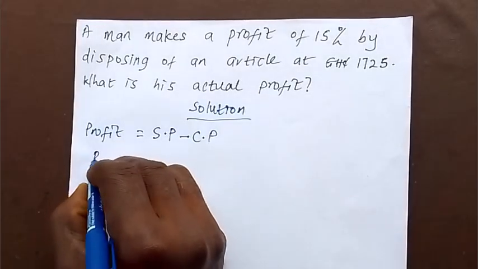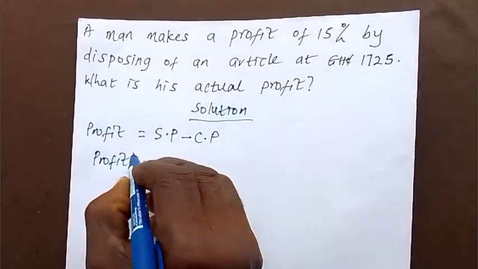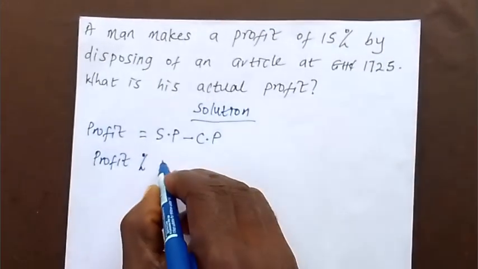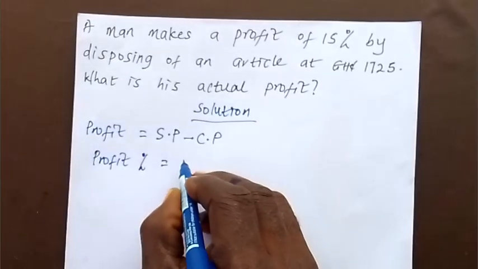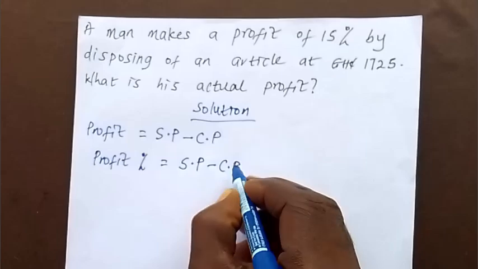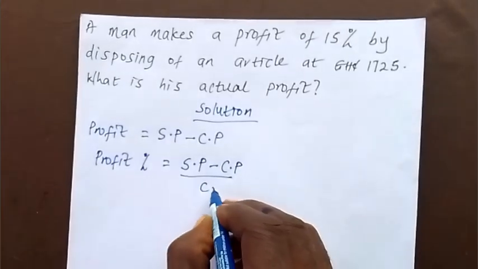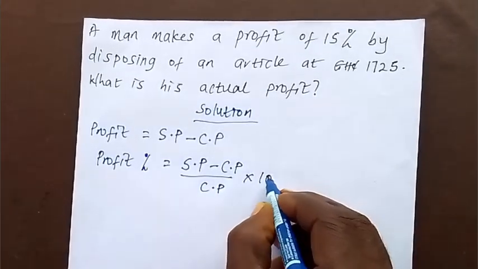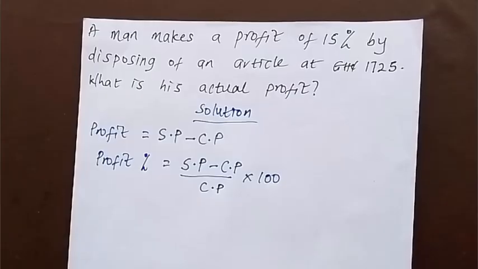Profit percent is the profit he made, which is the selling price minus the cost price, over the cost price, multiplied by 100. This is the formula for profit percent.